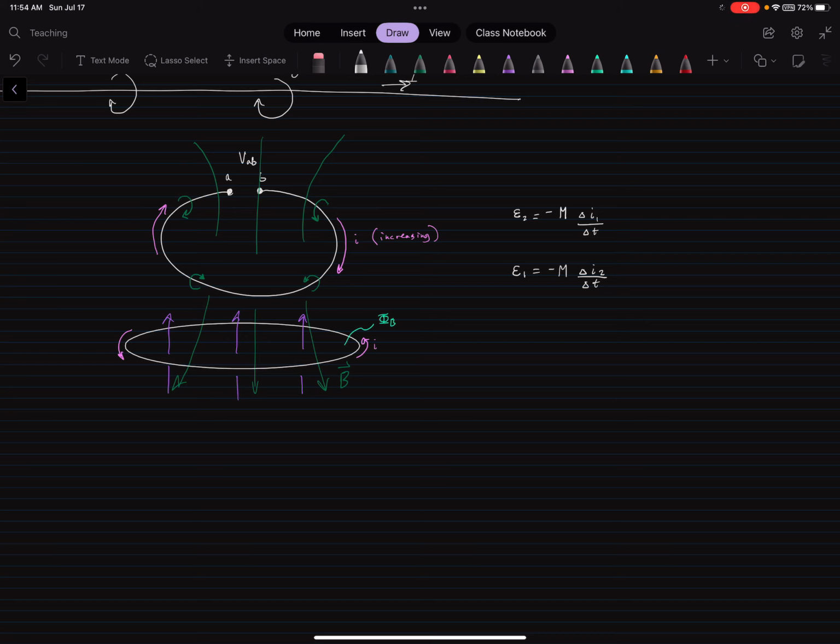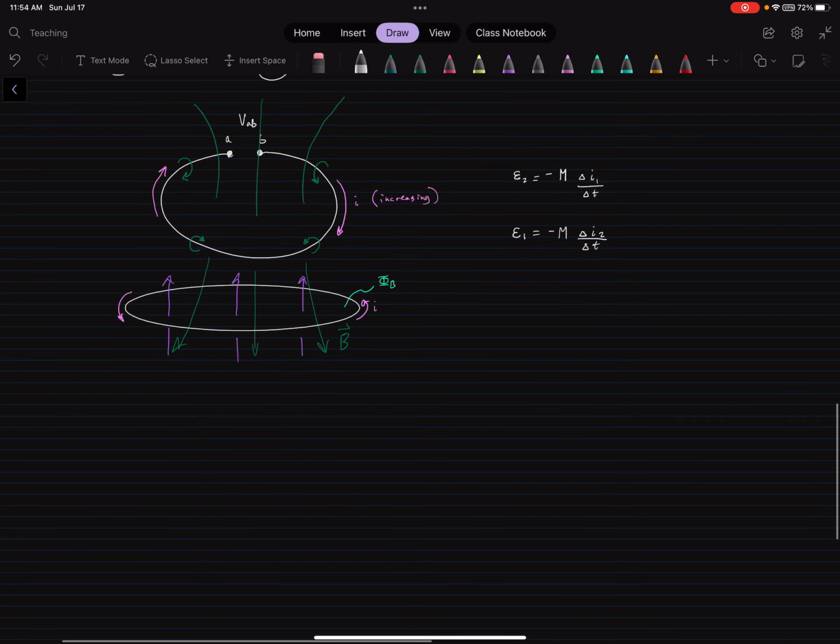Seems logical, but isn't it interesting that even if you flip them, you get the same proportionality factor, M, right? And M is called the mutual inductance.